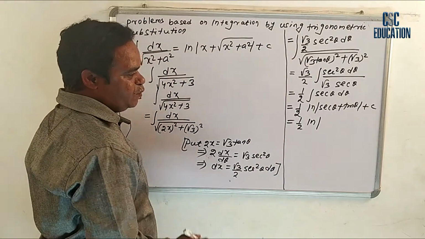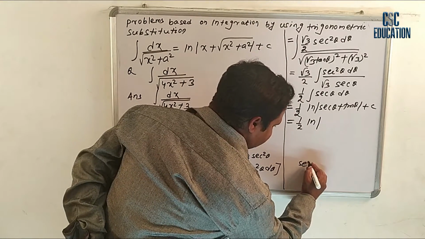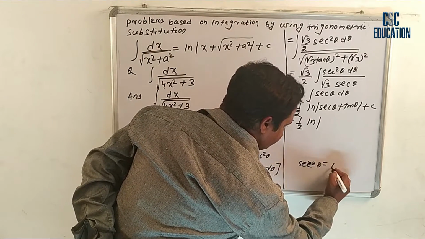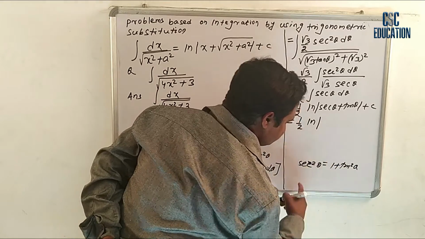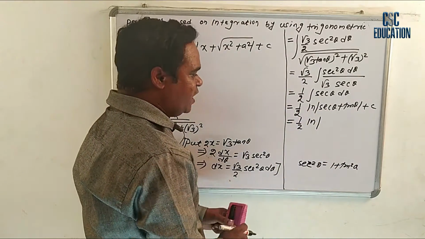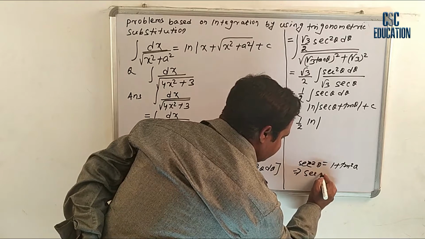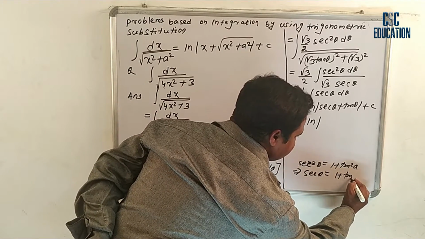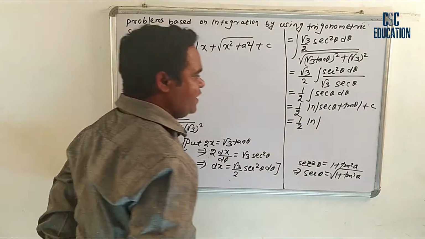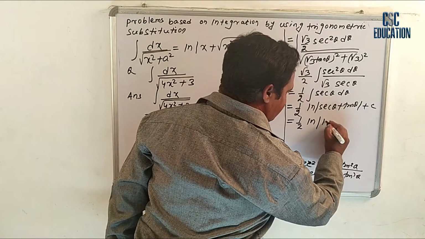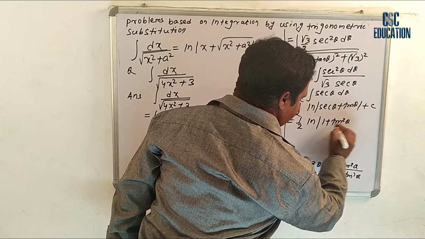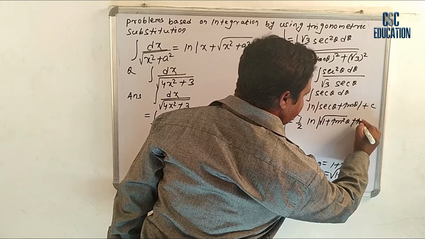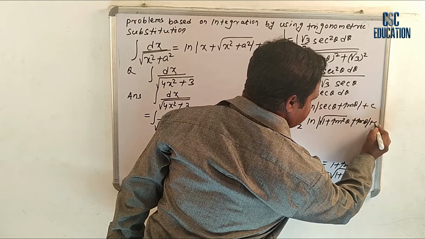By the square relation, sec square theta equals 1 plus tan square theta, so sec theta equals the square root of 1 plus tan square theta. So the value is the square root of 1 plus tan square theta plus tan theta, plus c.